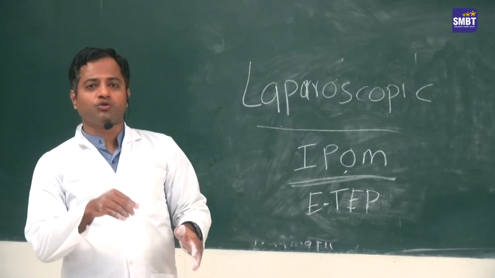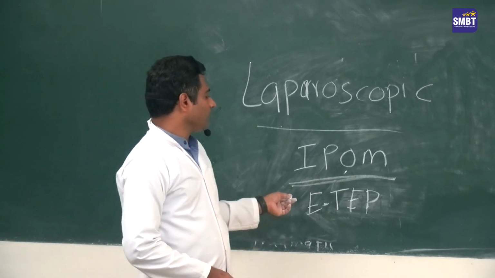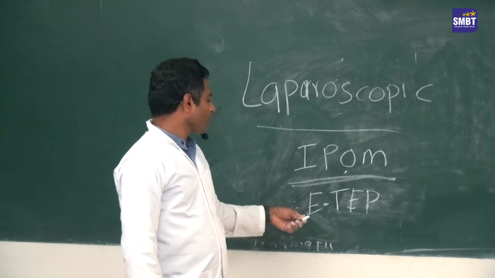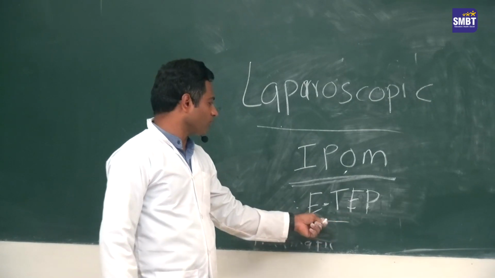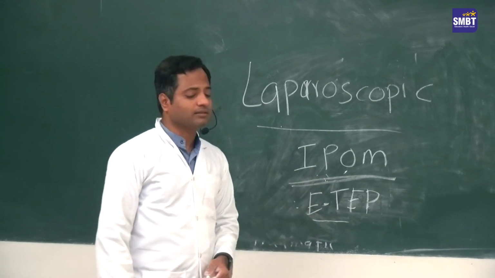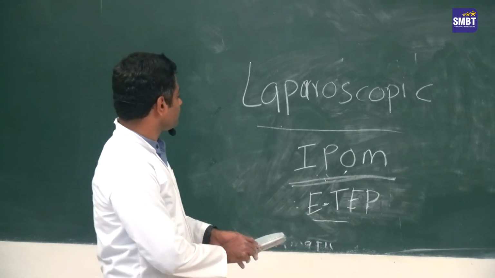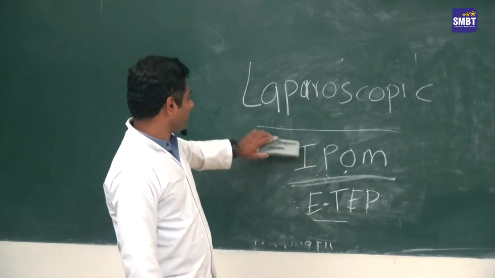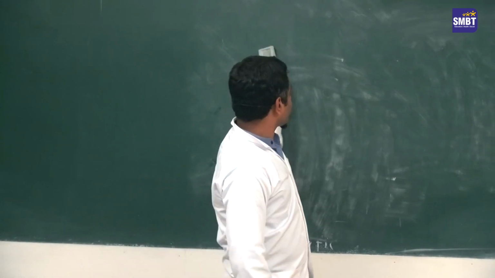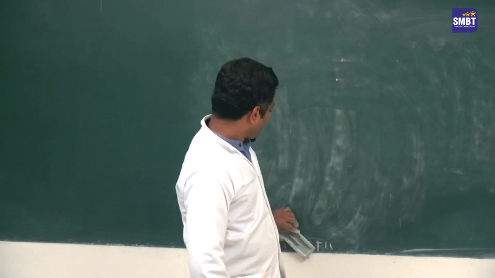Before putting the mesh, you should suture the defect of the umbilical hernia. So this is a newer modality. Extra skills are required for eTEP, and IPOM repair is the old modality of laparoscopic hernia repair. Okay. So laparoscopic umbilical hernia repair is nowadays a widely accepted technique.